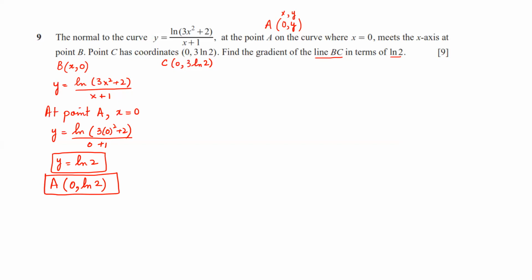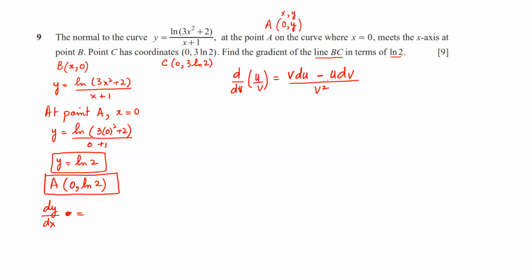Now let's find the derivative, dy by dx. Remember, the derivative of u over v, if a function is given in this form, will be v times the derivative of u minus u times the derivative of v, divided by v square.